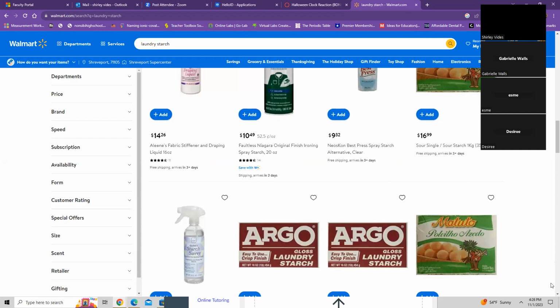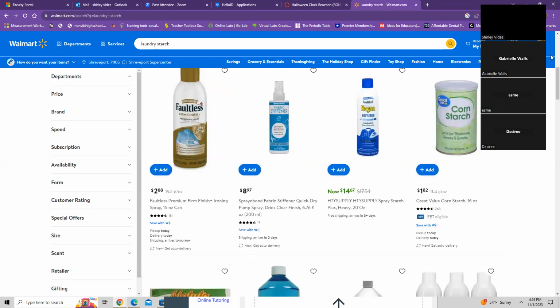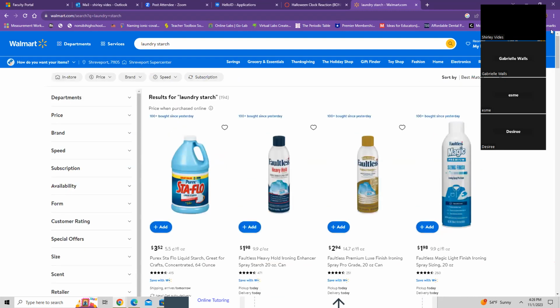Yeah, see, you can get more expensive stuff, but you can also get cheaper stuff. Starch alternative, you don't want that. You need actual starch. Cornstarch will make you a really nice solution too. Try to see if Dr. Gorski has those things, and you can do it in the lab. She probably does have vinegar.